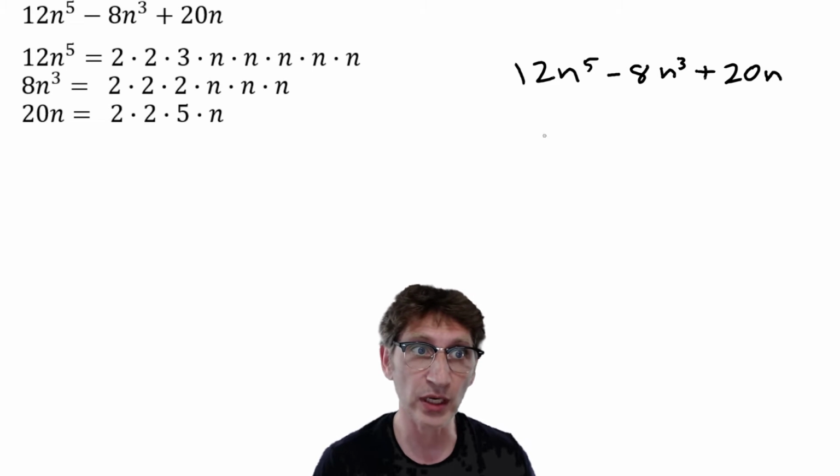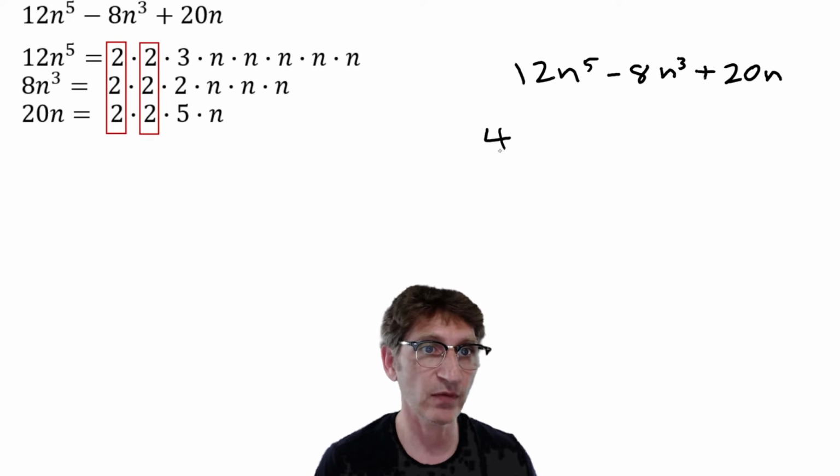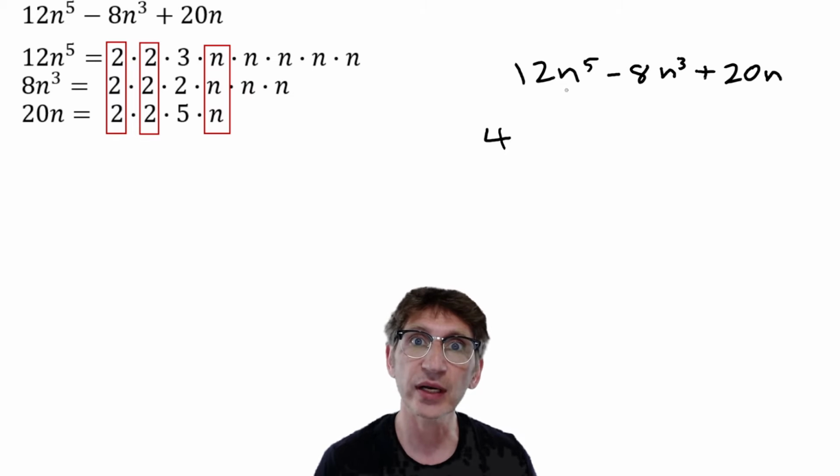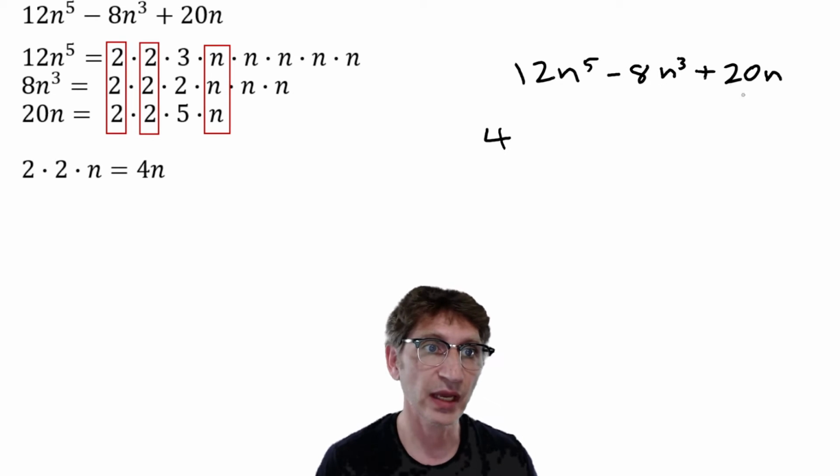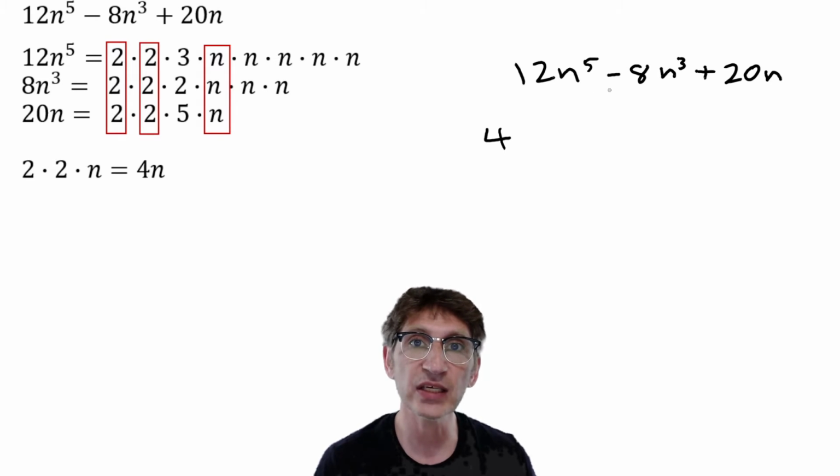Well, 4 does. Each of these numbers is divisible by 4. So my greatest common factor will be 4, and then I look at the greatest common factor of the variable portions. N to the fifth, n to the third, and n. The biggest factor of n that goes into all 3 of these terms is going to be this smallest power of n, which is just n to the first, or n.